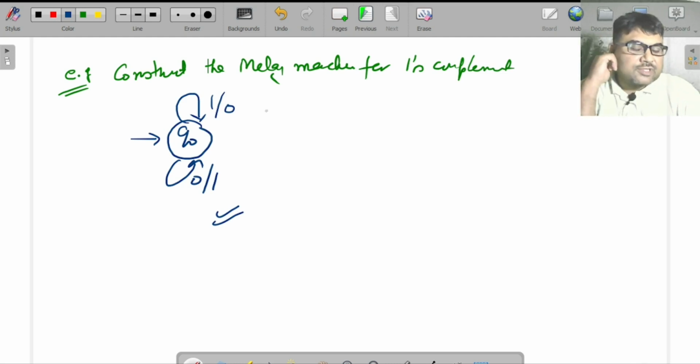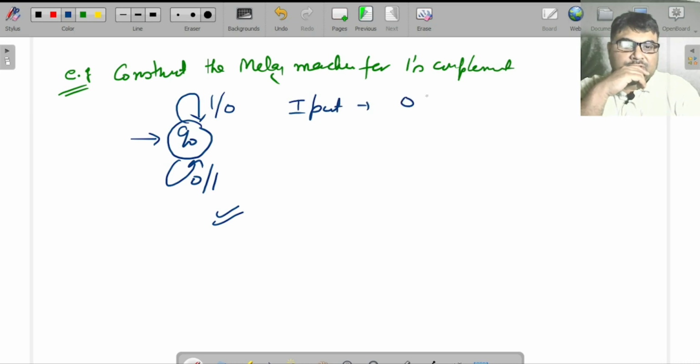Suppose you give the input 0 1 0 1, so you start from Q naught, there is no output. When you read 0 at Q naught, you reach Q naught.